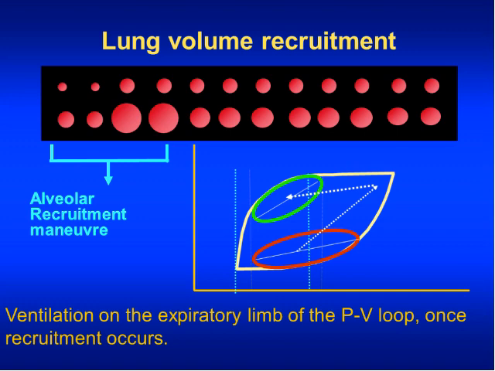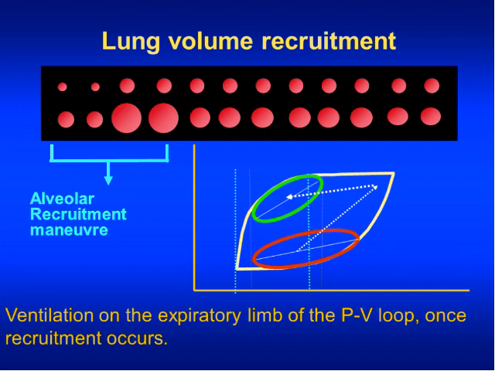And what we have to do is go through a recruitment maneuver. There are different ways of doing it. With conventional ventilation, you generally do it just by cranking up your end expiratory pressure. With high frequency, you do it by increasing your mean airway pressure. But there is probably transient overexpansion of the more compliant portion of the lung, and that apparently is okay. We get away with it for a brief period of time because subsequent to that we back off.